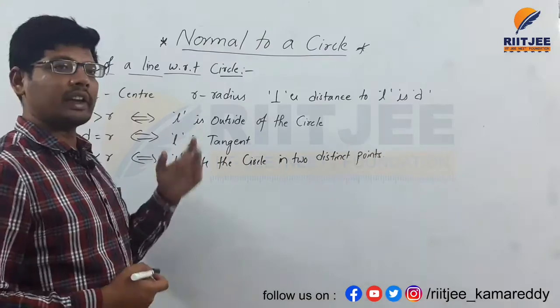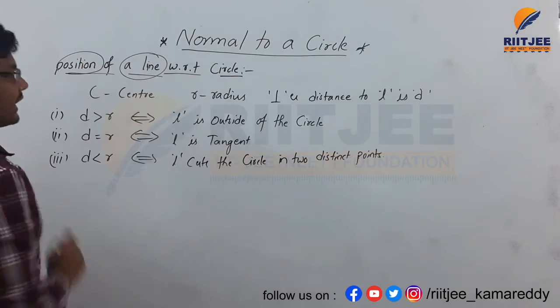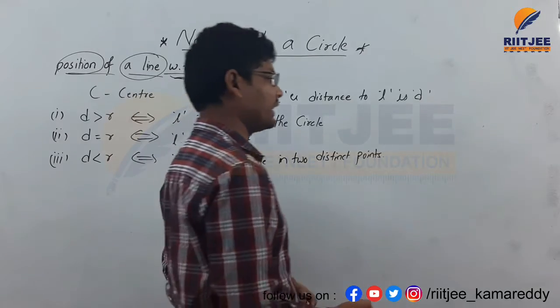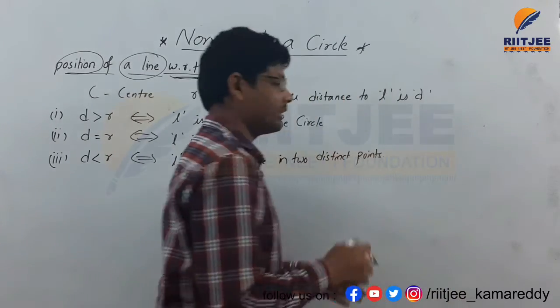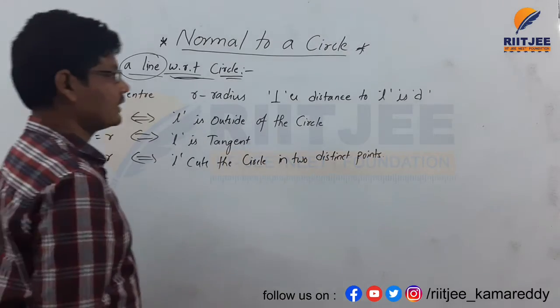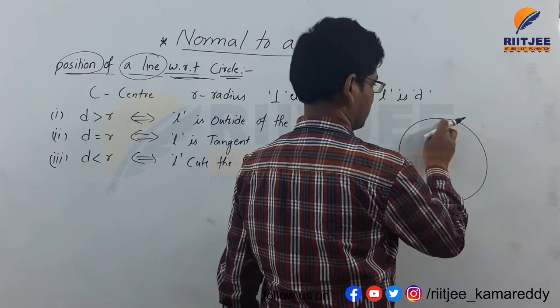And the next topic is position of a line with respect to a circle. Which line here? It may be tangent or normal here. Let a circle be S is equal to 0.